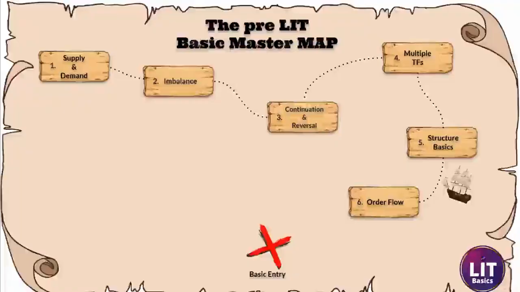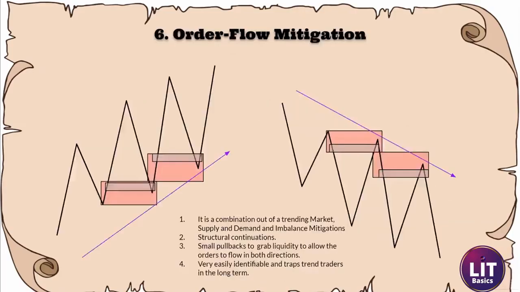Order flow. Again, I'm sure a lot of the smart money traders already know about this, but maybe there are some of you who don't. So let's cover what it is. Basically, order flow is present in a trending market with consecutive mitigations.